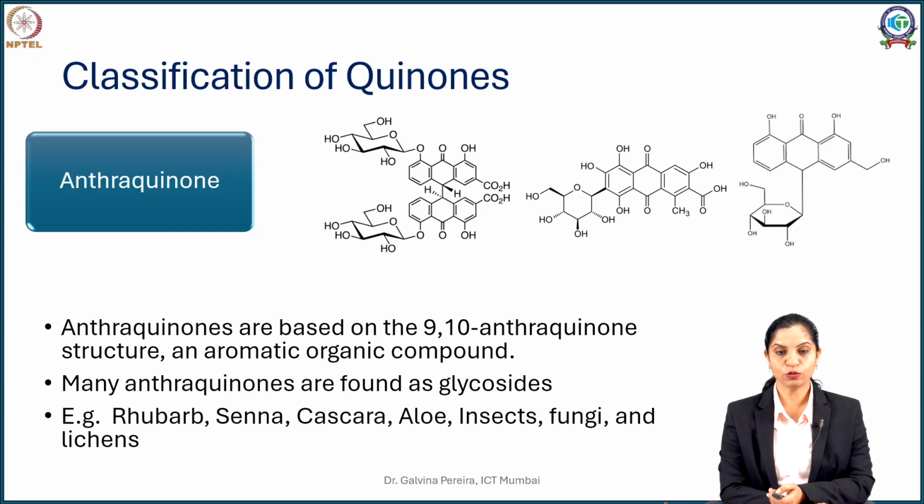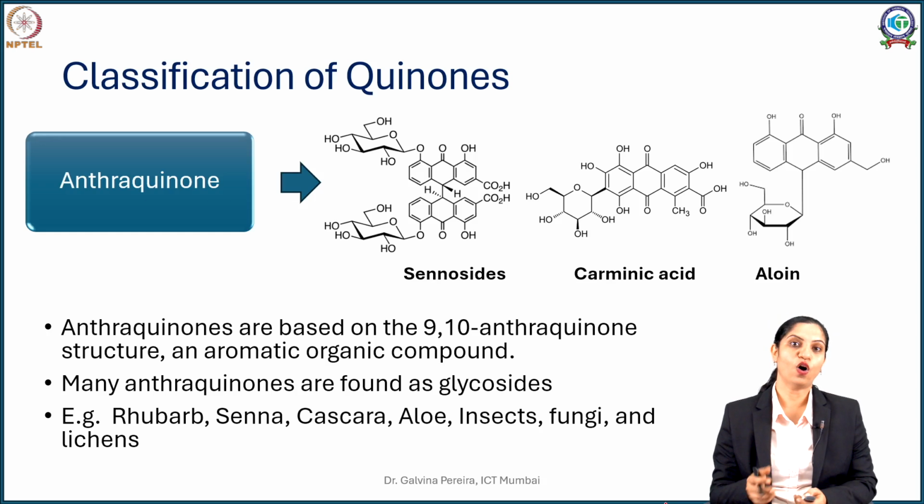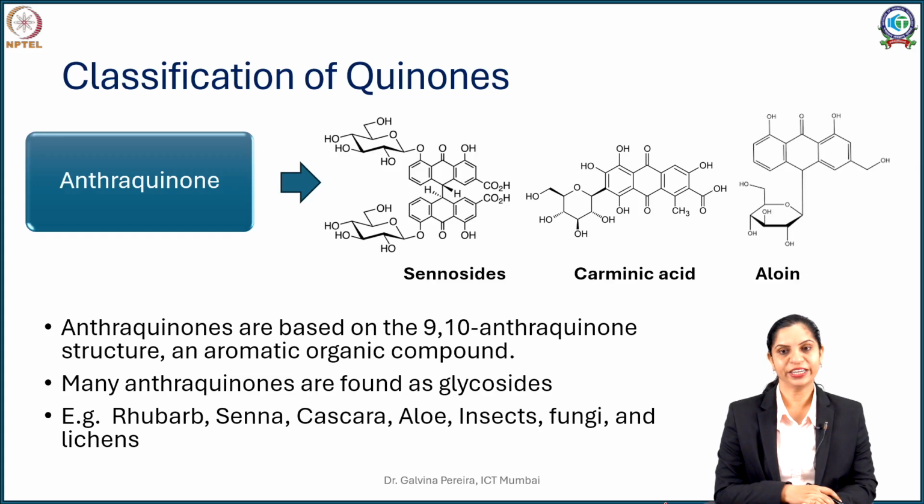These include your senosides. Your carminic acid is something we will discuss today, and if you remember your aloes, you had your aloin. So we have already studied under the glycosides category your senosides and aloin, which are examples of anthraquinone glycoside derivatives.